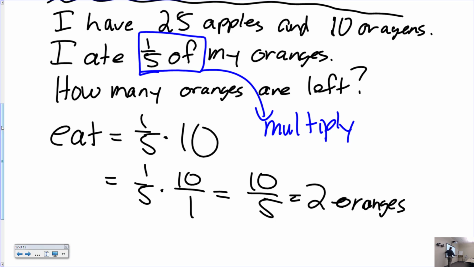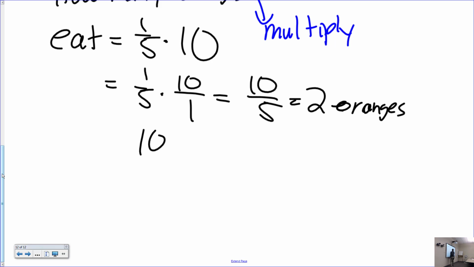As long as you can do the same problem if I say that there are 356 of these and I ate 2/7 of them, right? As long as you can do it that way without having to write anything down, we're all good. This is just a problem where you probably can do it in your head, right? So 10 minus 2 equals 8 oranges left.